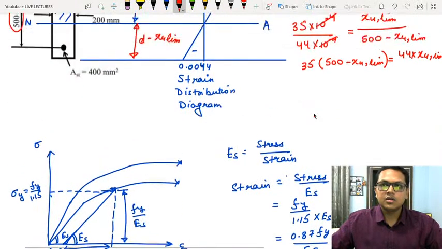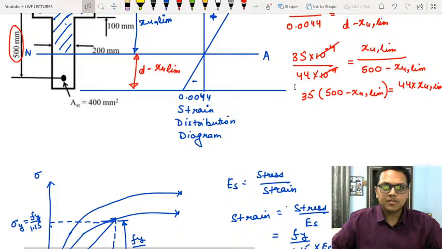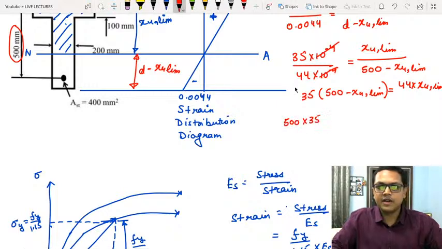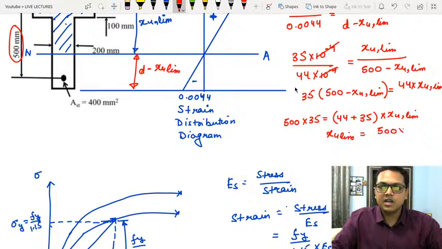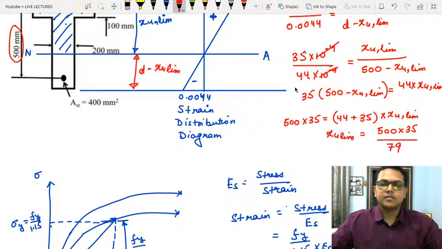Okay, so solving this, 500 multiplied by 35 is equal to 44 plus 35 multiplied by XU limiting. So XU limiting will be equal to 500 multiplied by 35 divided by 79.